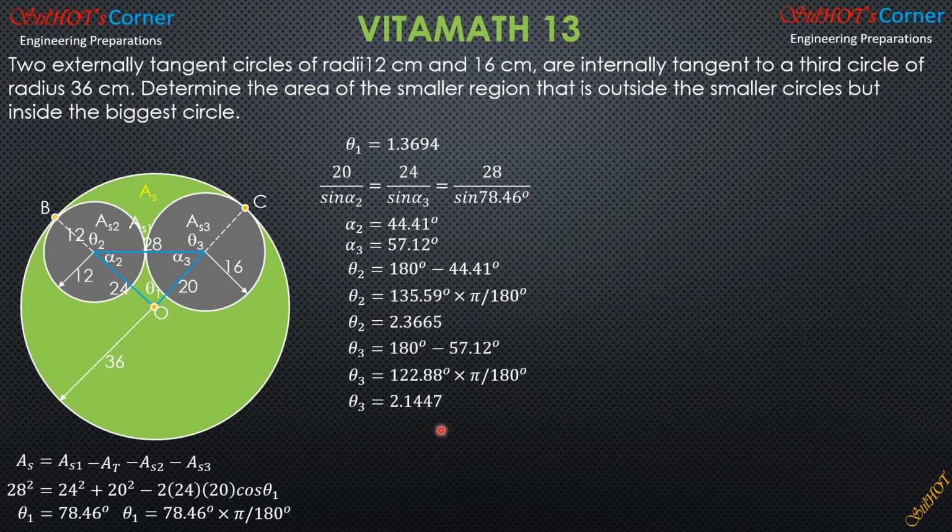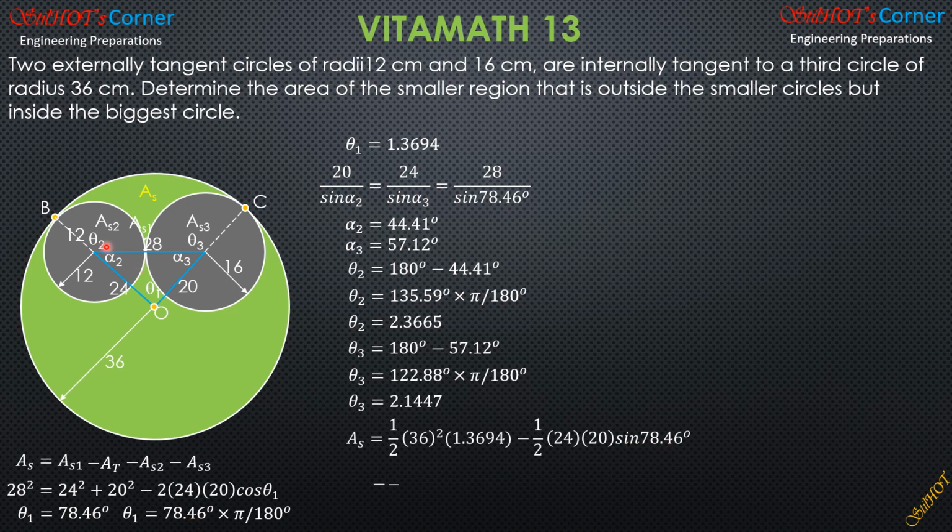So we can now compute area S. Area S is area S1, one-half times 36 squared times the central angle theta 1 in radians, 1.3694, minus the area of the triangle, which is one-half the product of adjacent sides, one-half times 24 times 20, times the sine of the included angle, theta 1, which is 78.46 degrees.